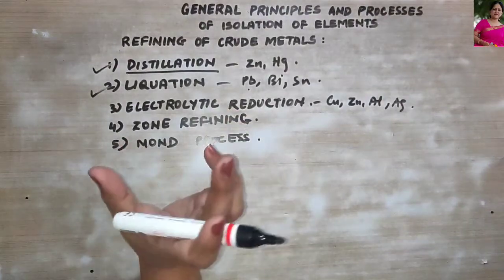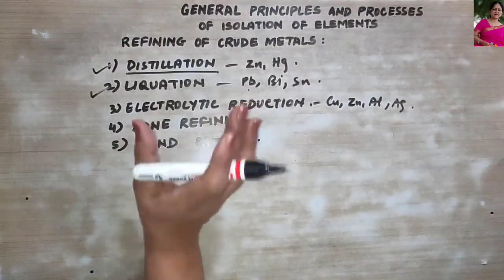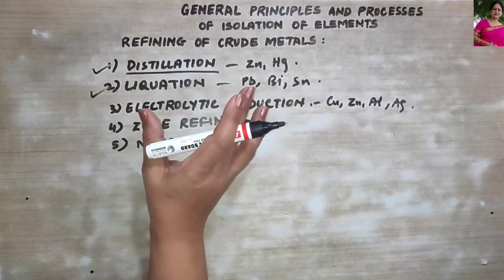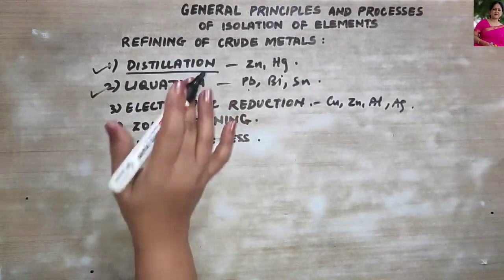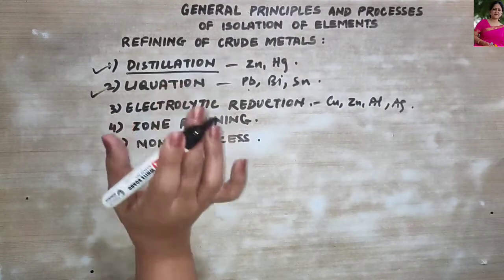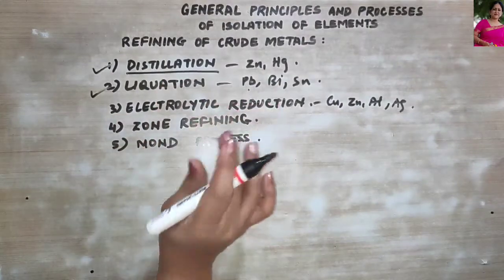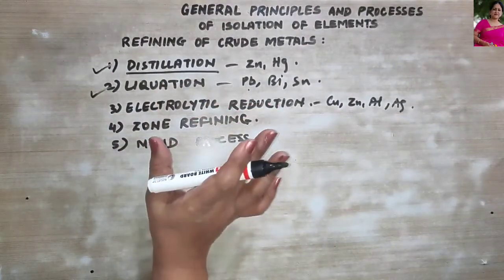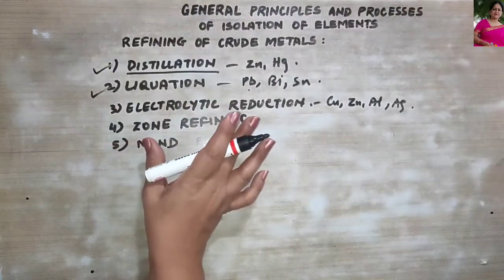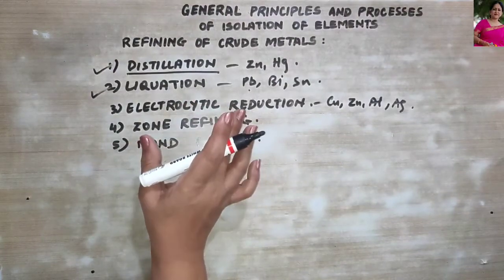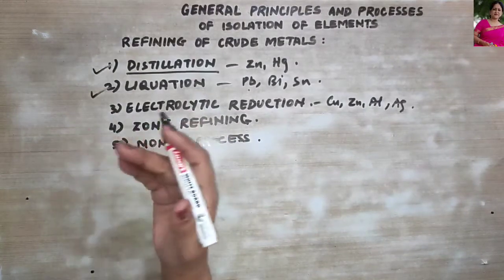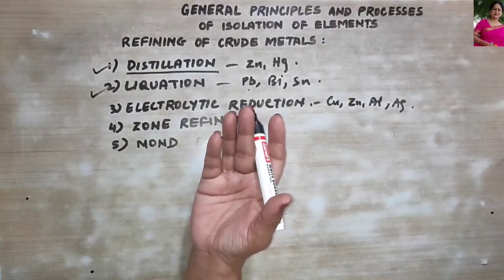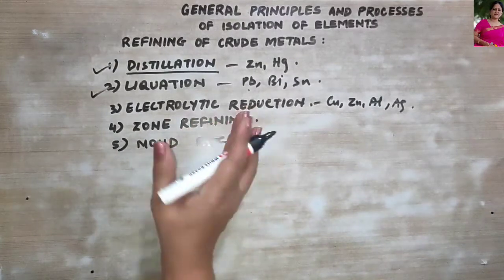Now talking about the electrolyte, the aqueous solution of the salt of that desired metal to be electroplated at the cathode should be your electrolyte, which should be present in the container. Now I hope you all know the process very well. The negative ions, called anions, move towards the anode, and the positive ions, called cations, move towards the cathode and get deposited there.